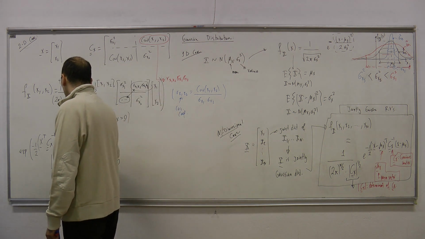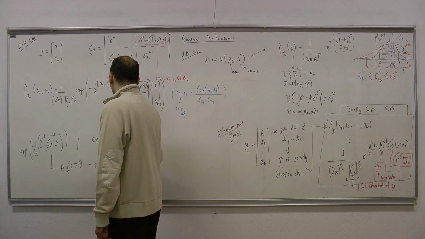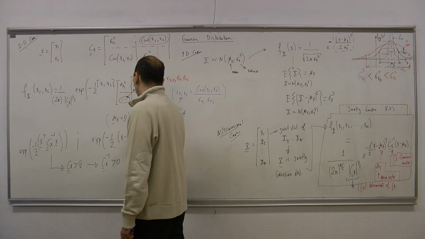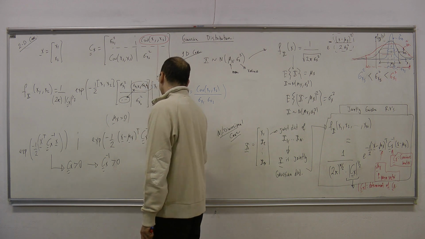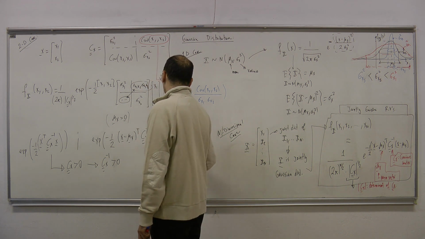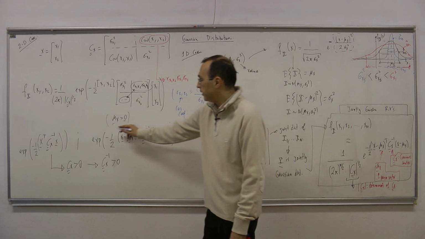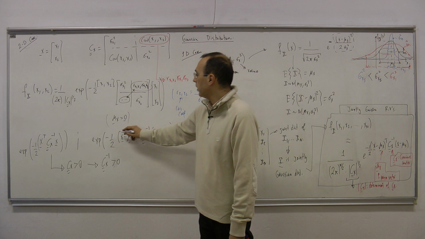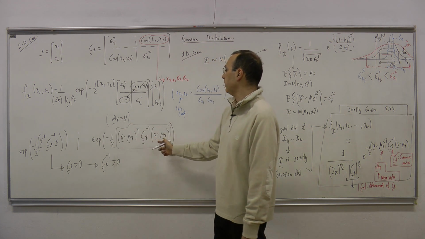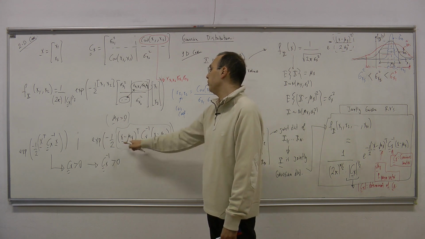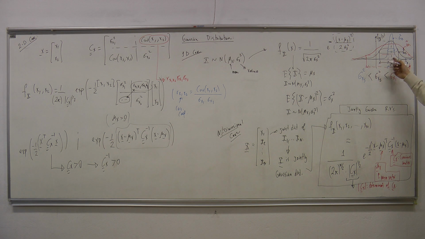In general, of course, this is written as the exponent minus 1 over 2 x minus mu x, Cx inverse, x minus mu x. If you try to maximize this quantity, then I'm minimizing this part. Since this is positive definite, the minimum is at x equal to the mean vector. Okay, that is it. Very similar to this case, as you see.